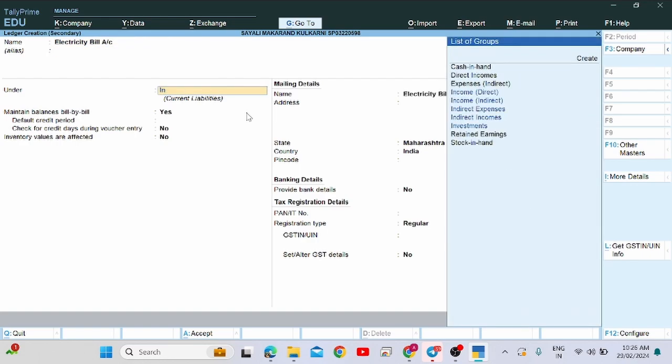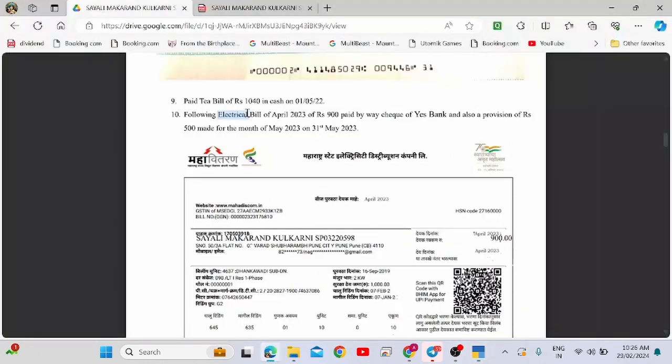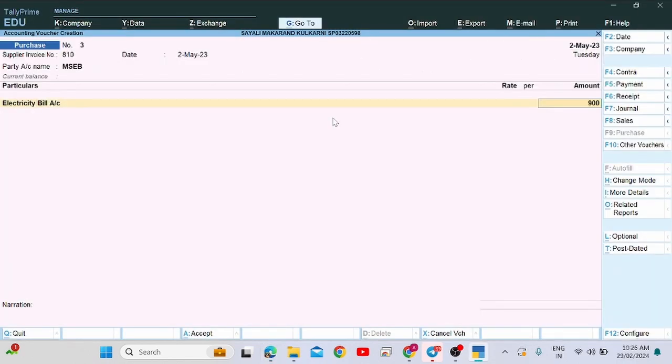Okay, what is this, indirect expense, enter enter enter, accepted. फिर 900 रुपीज़ का बिल है तो 900 टाइप करना पड़ेगा और एंटर एंटर एंटर. Now right now we don't have GST, but here we write the GST, correct, then accepted, 2nd May.